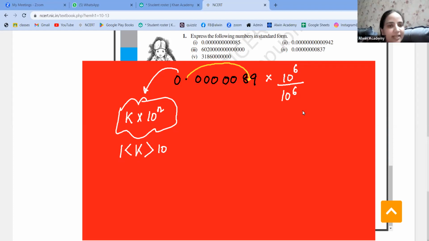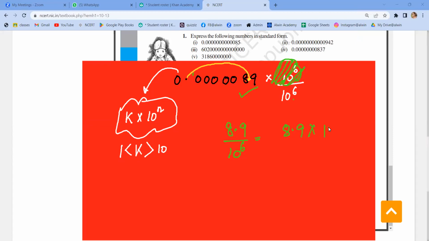I'll have to divide that as well. So now this part will be consumed in moving the decimal here. So this is gone. This is nowhere in the answer now, 10 to the power 6. What will be reflected in the answer is 8.9, and this divided by 10 to the power 6, which I can also write as 8.9 into 10 to the power minus 6.